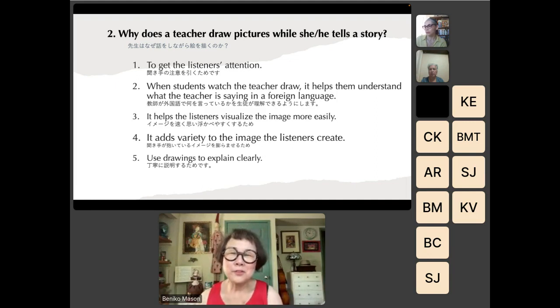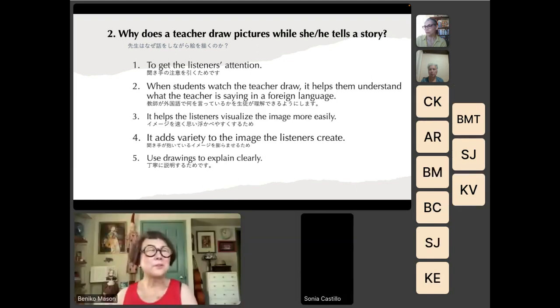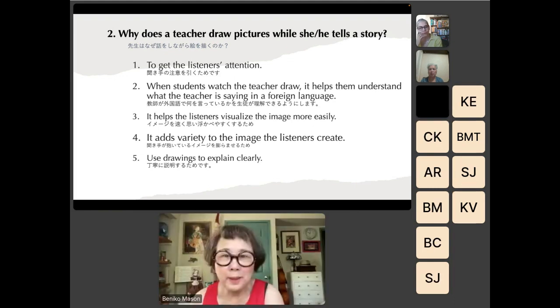Okay, number two. When students watch the teacher draw, it helps them understand what the teacher is saying in a foreign language. So if somebody says something in Spanish, I would not understand a word. But if the teacher draws a picture of a man and she says something, then I would just connect the sound and the picture and decide she must be saying a man.